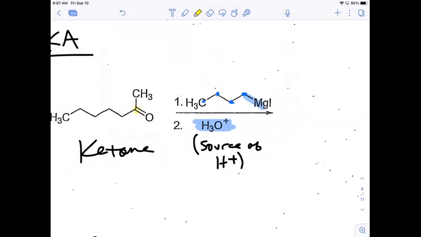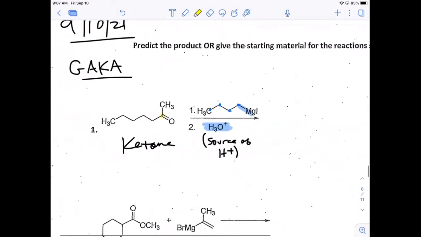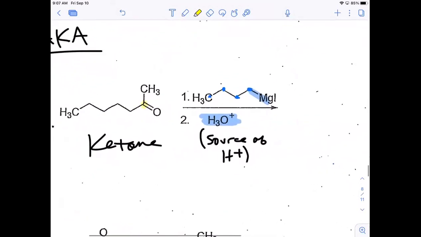Right. And without going through the entire mechanism, I'm just going to show the arrows for the addition. All right. And then we'll draw the intermediate, and then we'll show the quench step. And we got room for that. So we'll have to cut it out. All right. So I'm going to draw an arrow from here to here, like so.